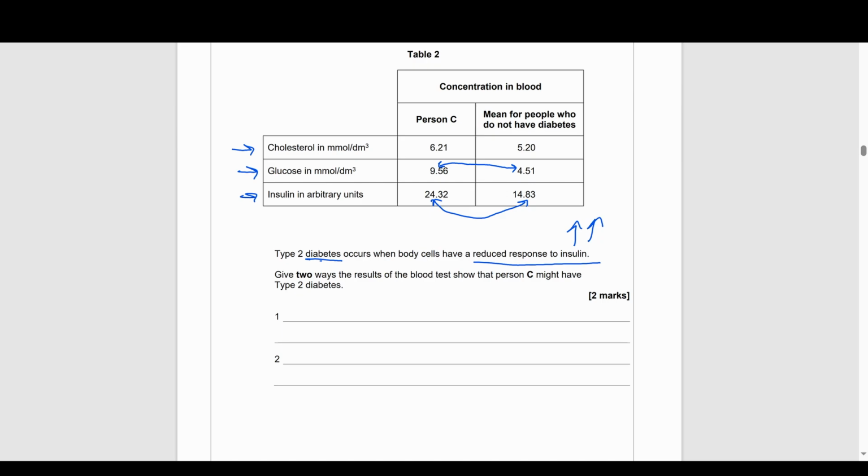So the first thing we said was a higher concentration of insulin, and we then said a higher concentration of glucose. And those are our two ways.